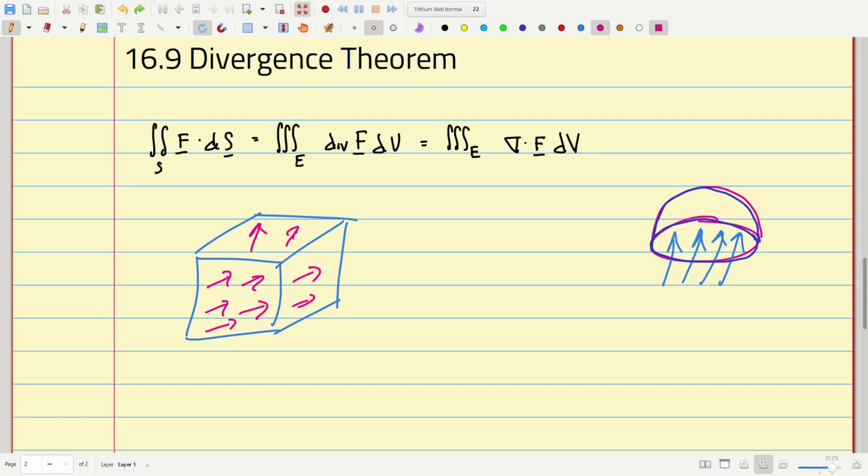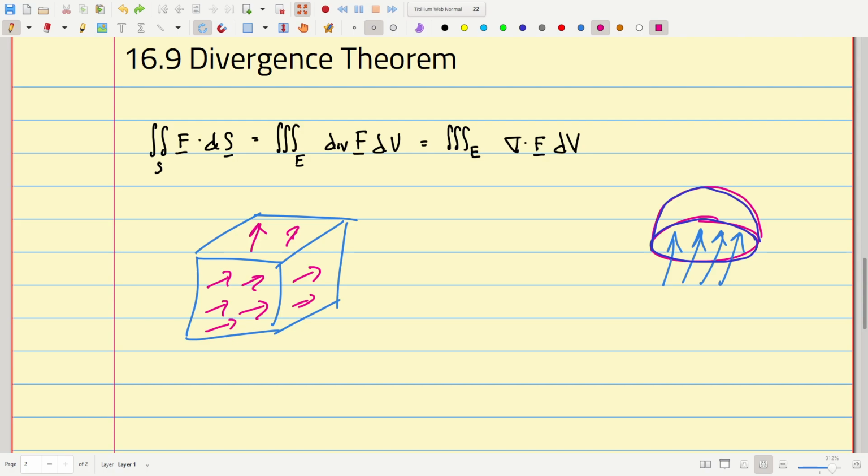Whether or not there's going to be a push or a pull depends upon whether there is a net sink or a net source within the solid, and we can measure that by using the divergence.